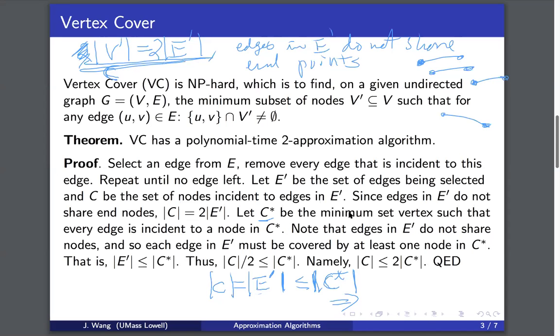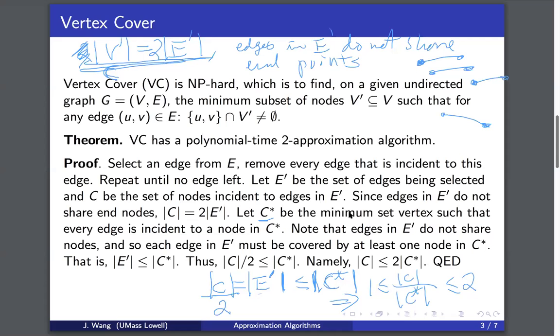But then this E star is equal to C over 2. So that's my approximation. So then we have C over C star, and then put 2 to the right. So that's bounded above by 2. Now this is always greater than or equal to 1. So that's how we get a ratio of 2.